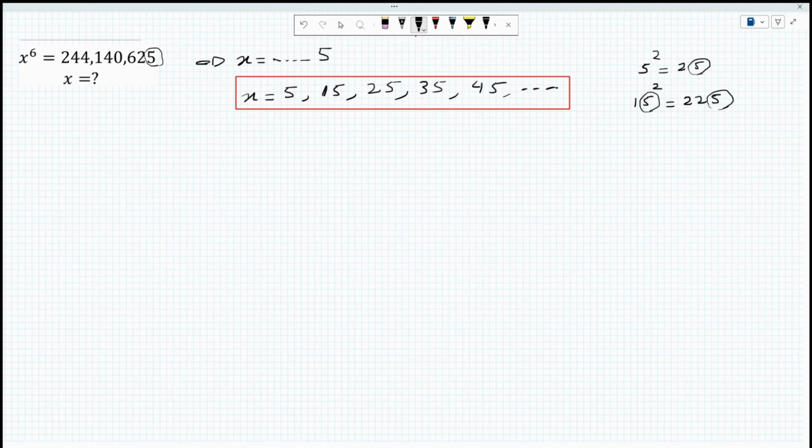On the other side, we know that the value of x to the power of 6, which is this big number, is between two numbers that we're going to find the values of. And also we know that this number has 9 digits. So I'm going to try some numbers here.